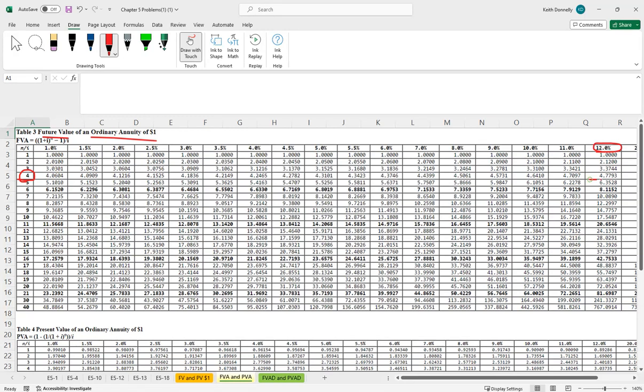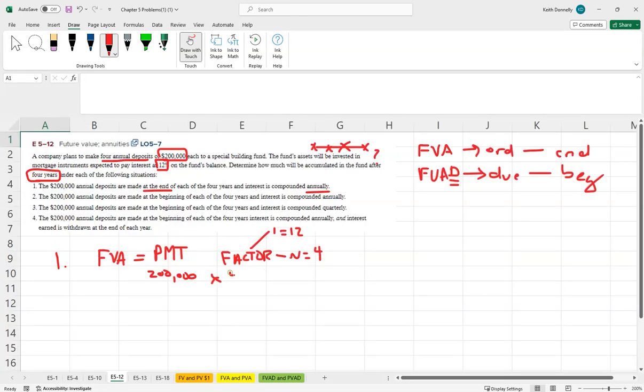We're looking at 4.7793. 200,000 times that amount, right? The future value of this annuity is going to be worth $955,900, right? The 200 times the 4.7793 number. Okay, nothing too bad there.